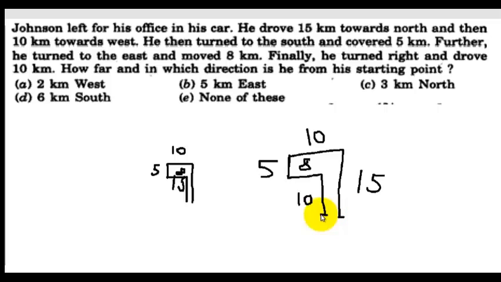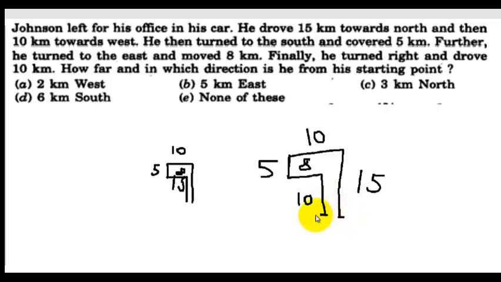So how far and in which direction is he from his starting point? What will be the answer to this question? This was your starting point. He is asking what will be the distance from the starting point.